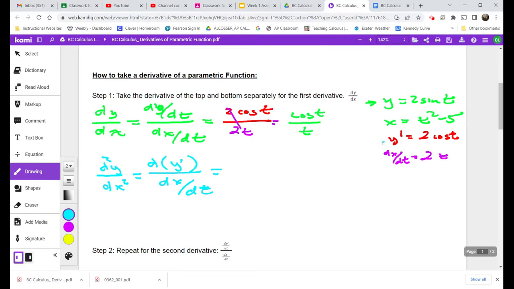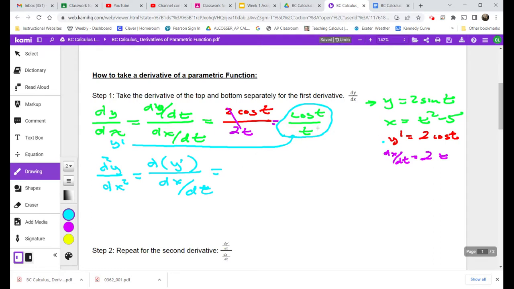I've got to take the derivative of this, because that is y prime. I know we have two y primes, so I wrote it here, but that's just for the top part.